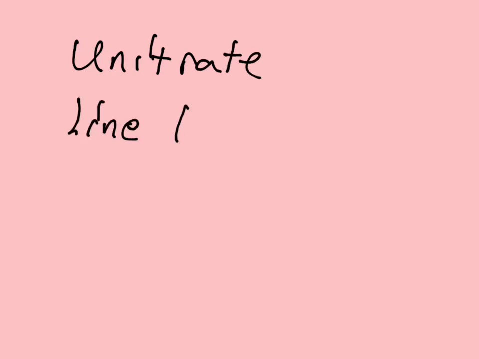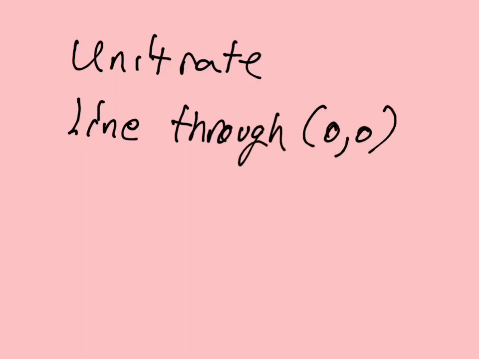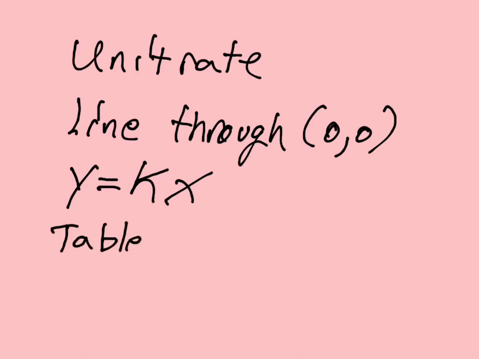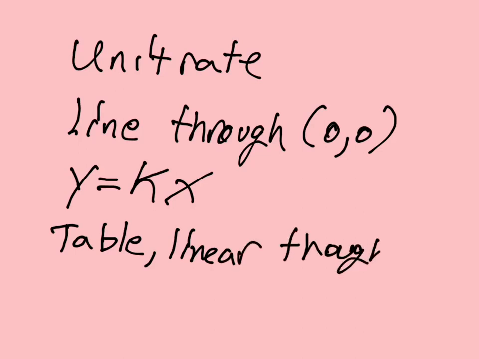So direct variation, again, means it's a unit rate, or a line through the origin, 0, 0, or it's in the form y equals kx, or at least can be put into that form, or it's a table that is linear and goes through 0, 0.